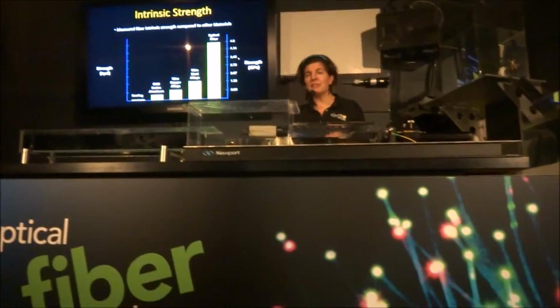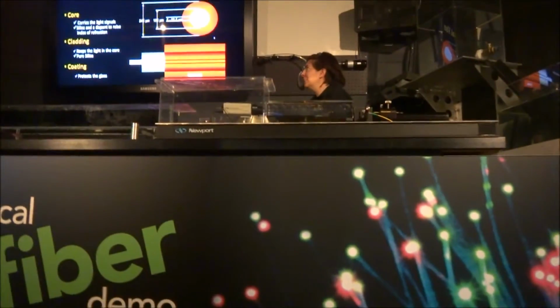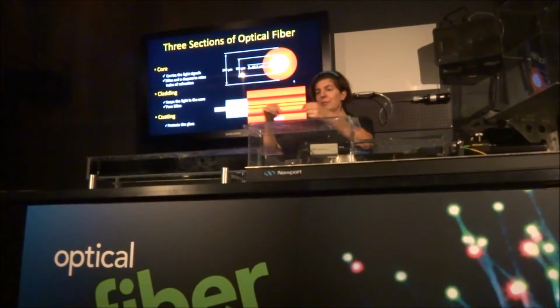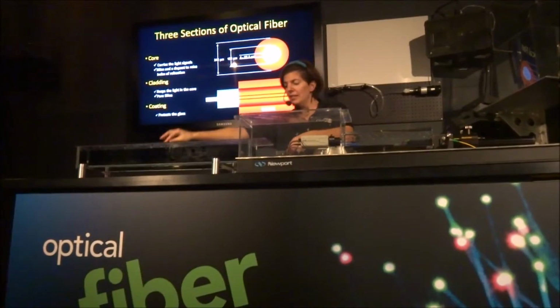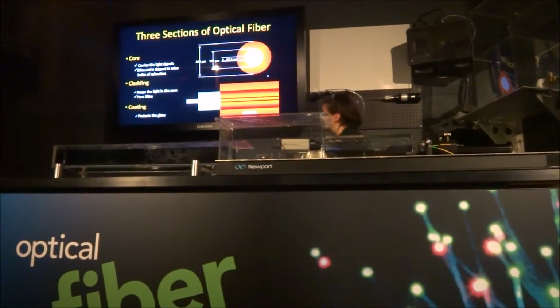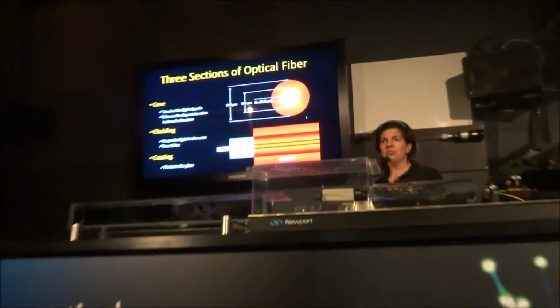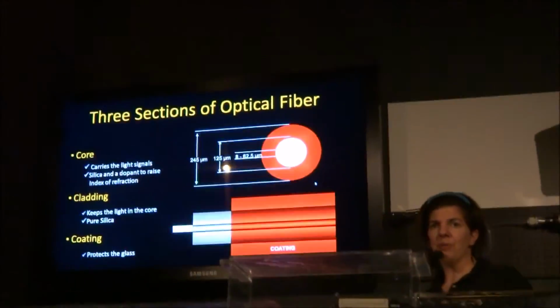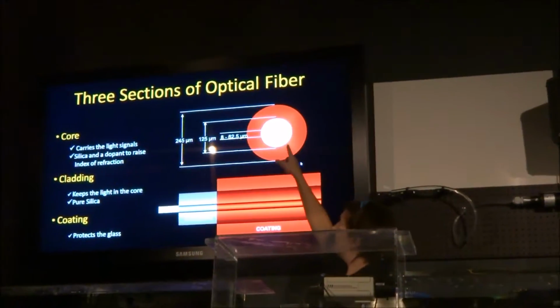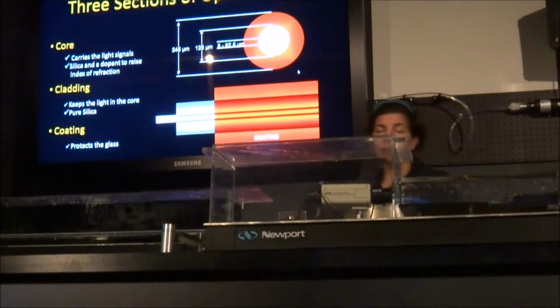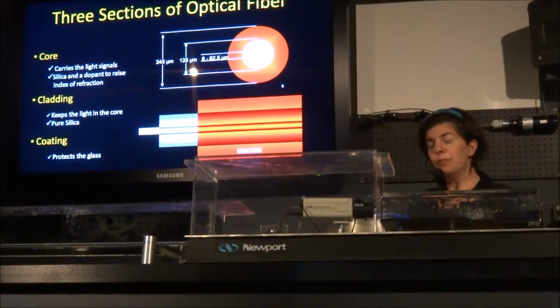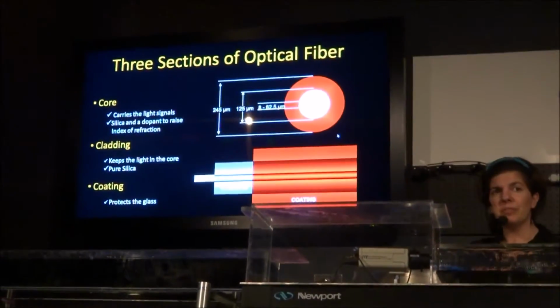Now, I keep saying thread of glass. It's slightly more complicated than that, but not much, I promise. Each piece of optical fiber, which is including this one here, is actually made of 3 distinct layers. The inner layer is the core. That is this high purity fused silica that's been doped with a couple extra ingredients to slow the light down through it. Now, surrounding that is the cladding. Now, the cladding is made of that same high purity fused silica minus those couple of ingredients.